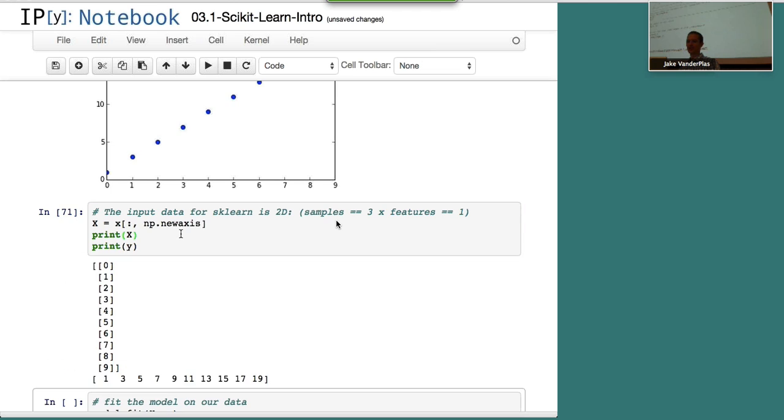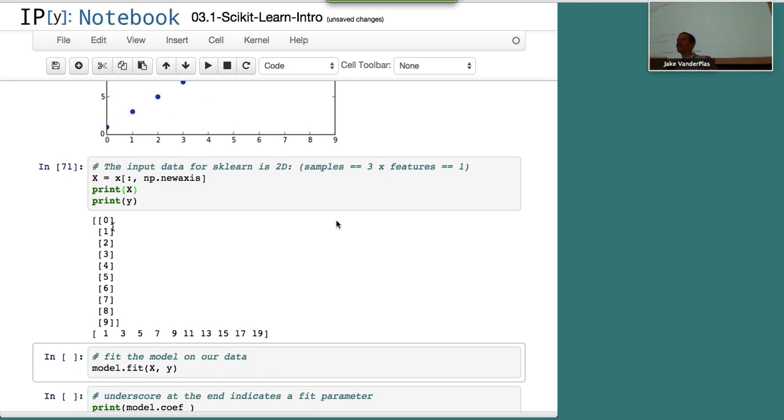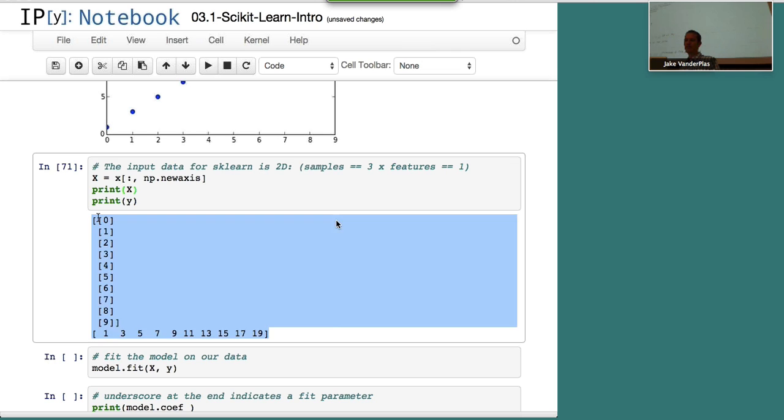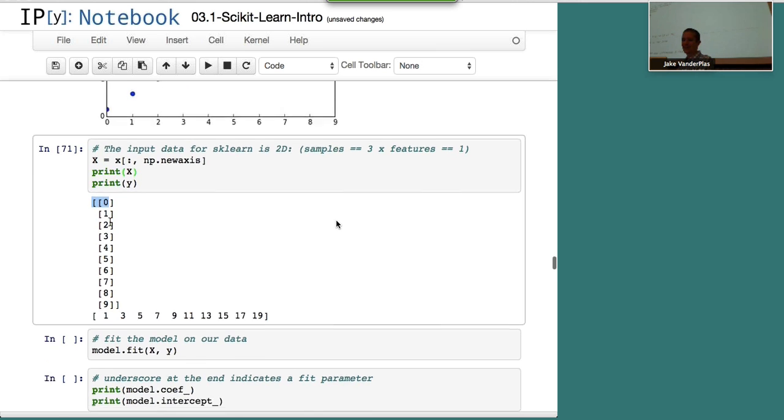That's the way to do it. And we'll turn it into this 10 by 1 array. That'll let us stick it into the estimator. This might seem a little bit excessive, but in most cases you'll have many, many more than one feature in your models. It's just these simple special cases that this usually applies to.